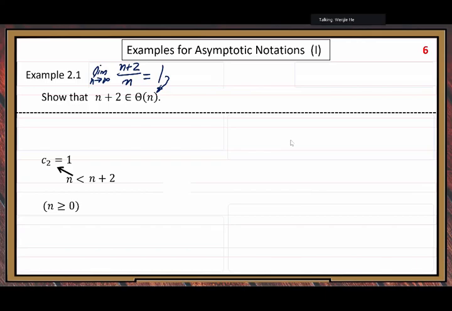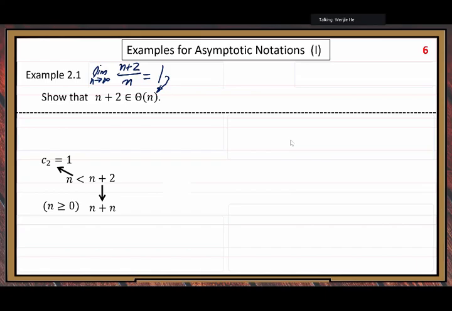Then the upper bound. On the upper bound side, we need to do some special operation. Think about n plus 2, because our goal is to use a constant multiple of n to be an upper bound of this f function. The n part is okay, a constant multiple. The 2 part, we need to replace by another constant multiple. Here we replace 2 by n.